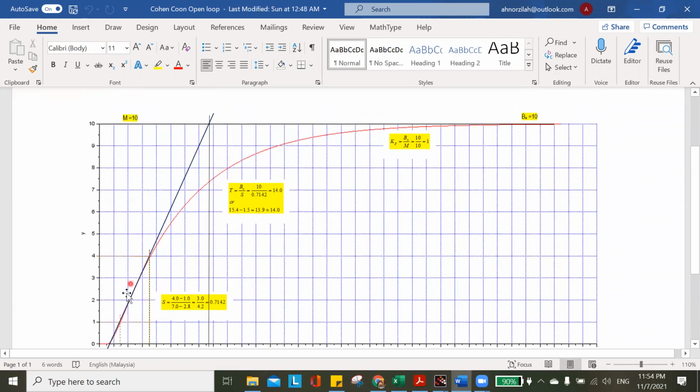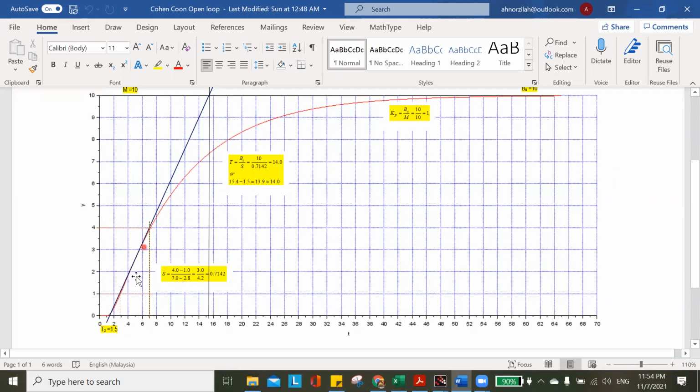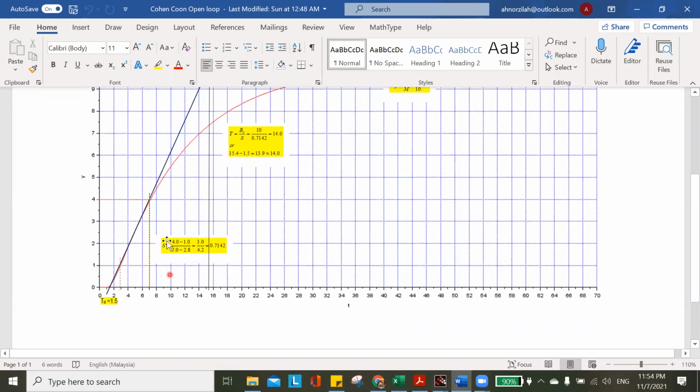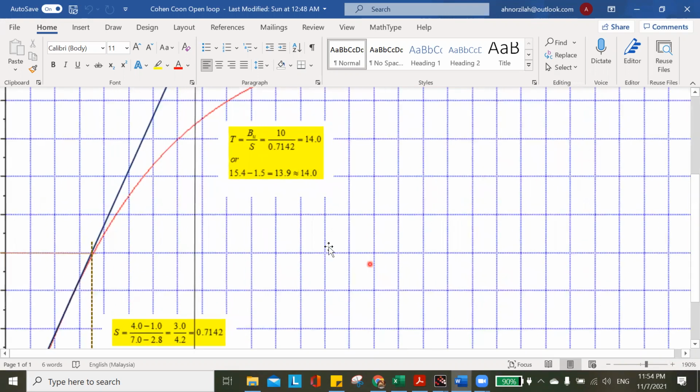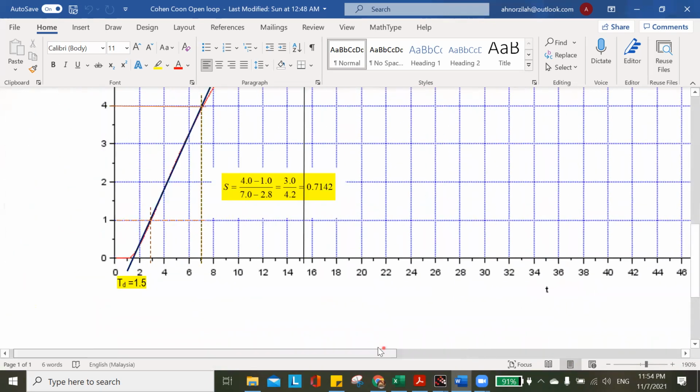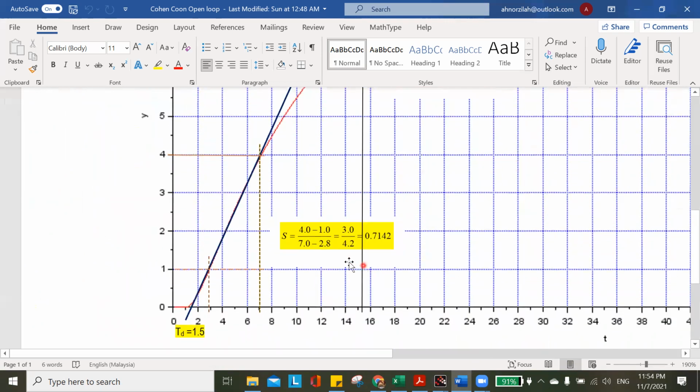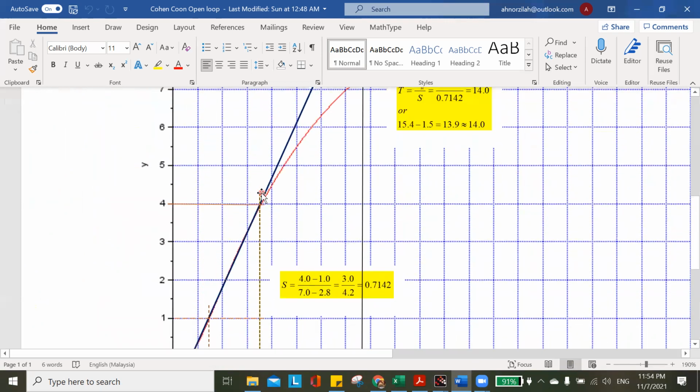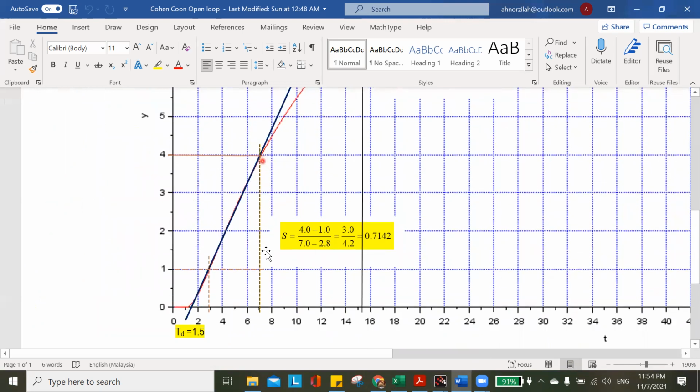So this is the tangent. From the tangent, I determine the slope of the linear curve.